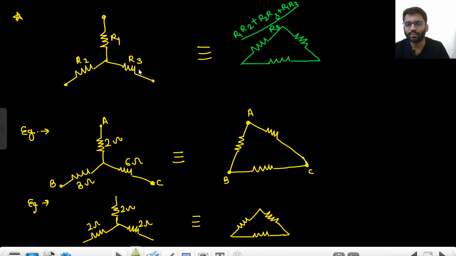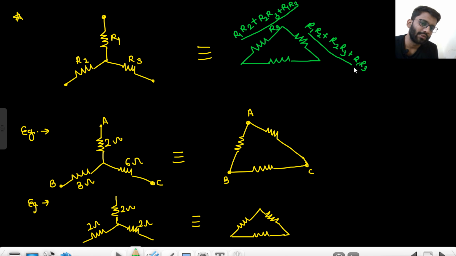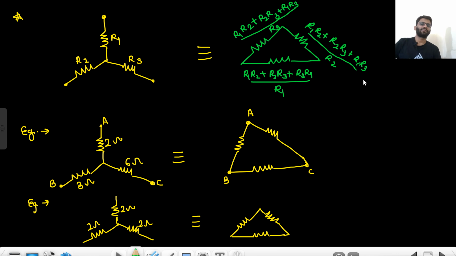Because we are connecting between these two, so this is in front of this branch. Okay, now for this, R1 R2 plus R2 R3 plus R1 R3 divided by what? No one should get it wrong. Divided by R2, right? Now for this, R1 R2 plus R2 R3 plus R3 R1 divided by what? Here, this branch. In front of that, it is R1. That's how we will write it.